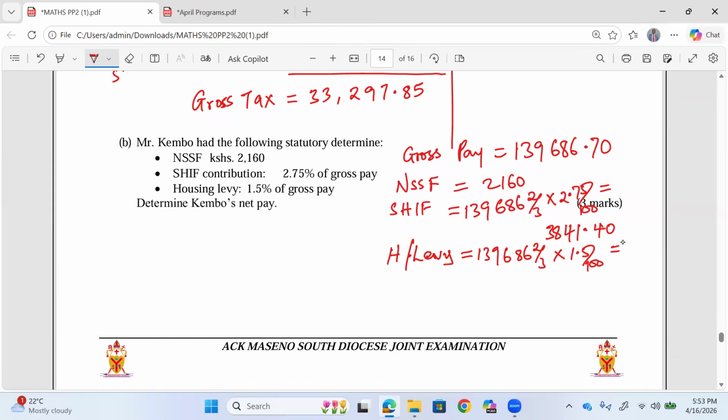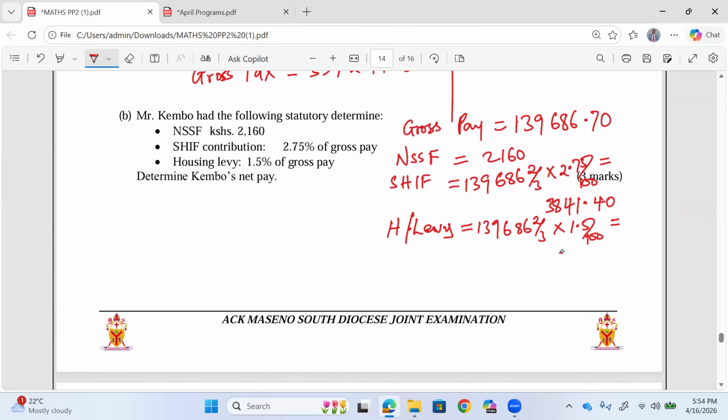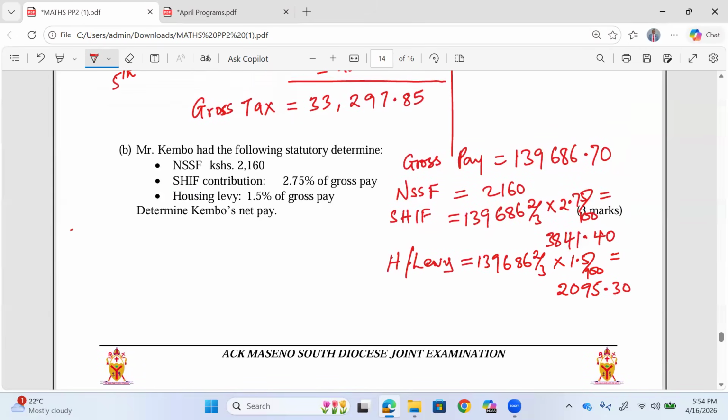So how much is this levy? Now we multiply this by 1.5%, which is exactly 2095.30.